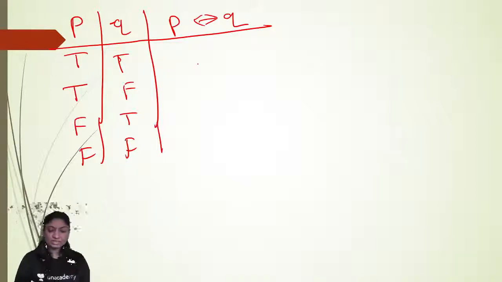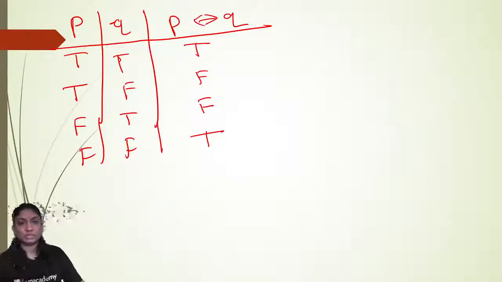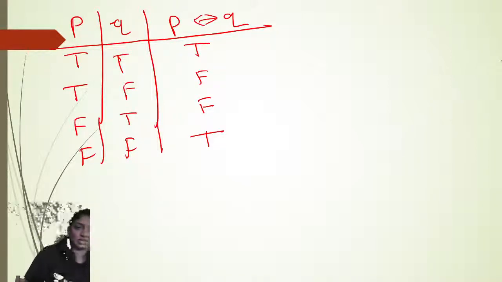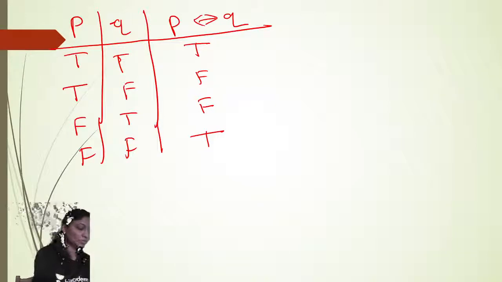In a biconditional statement, if both are true, then it is true. And if both are false, then also it is true. Otherwise, it is false. So very simple. Both true, then true. Both false, then also true. And if one of them is false, then it is false.